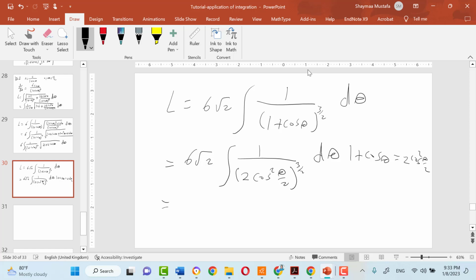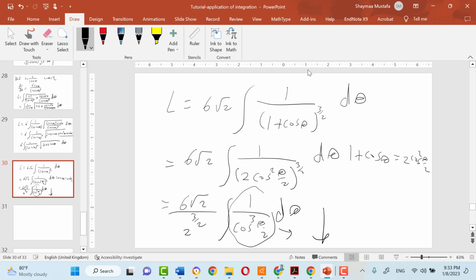The integration becomes cosine cube theta over 2 d theta, and then you can continue. This is the integration of sec cube. This one will be sec cube theta over 2, so you need to integrate sec cube theta over 2.